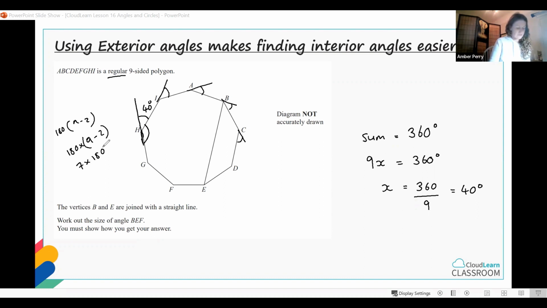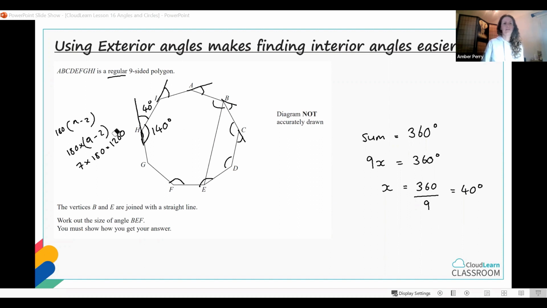And 7 times 180 is 1,260. So these interior angles, they all add up to 1,260. They're all equal again because it's a regular polygon, so we can divide that by 9 and we do get 140. That's the method that we learned last week.